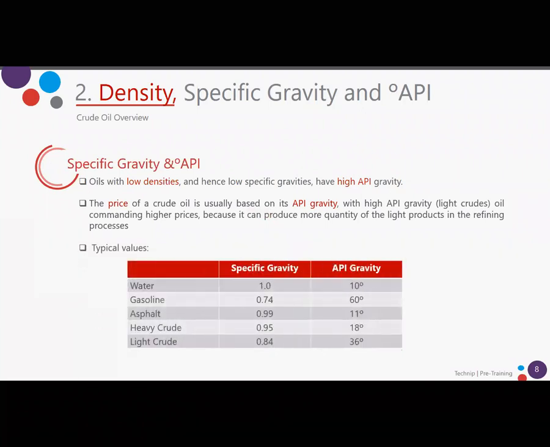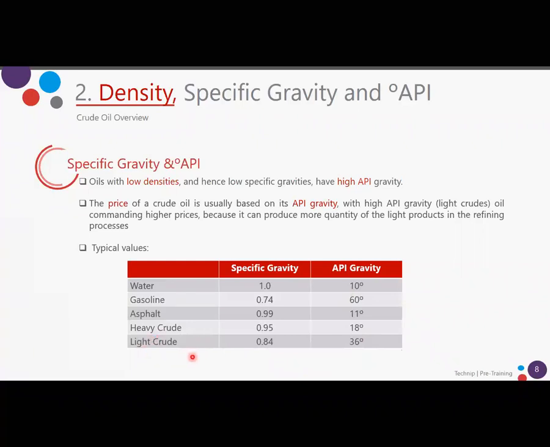The typical values, if we compare different substances: we have water, as we saw. With a specific gravity of 1, we have an API gravity of 10 degrees. Gasoline usually has a specific gravity of 0.3474, and an API gravity of 60.